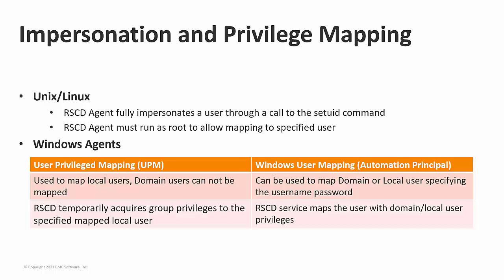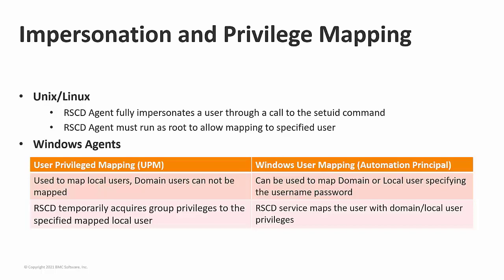Whereas for Windows User Mapping or Automation Principal, communication is initiated along with a predefined username and password for the user we are going to map the RSCD agent to. It could be a local account on the target machine or a domain account.